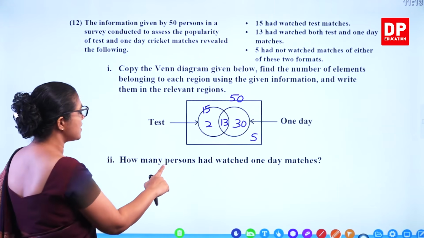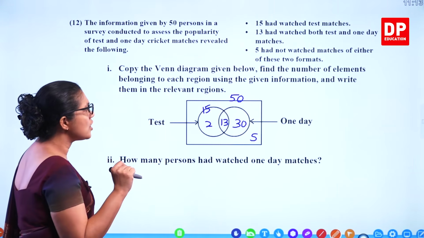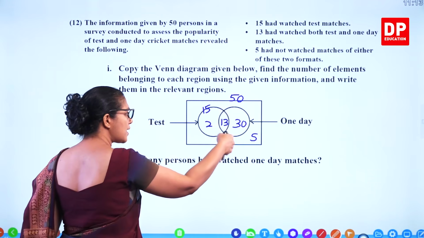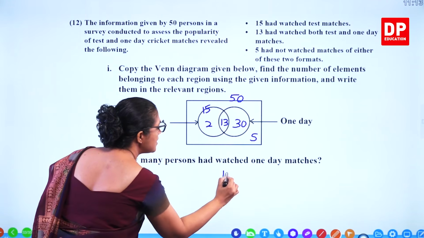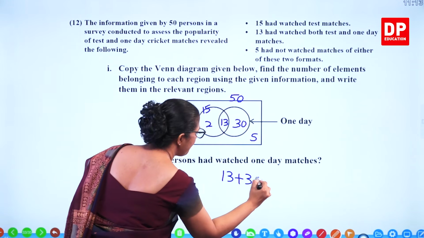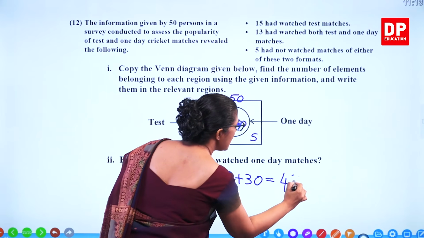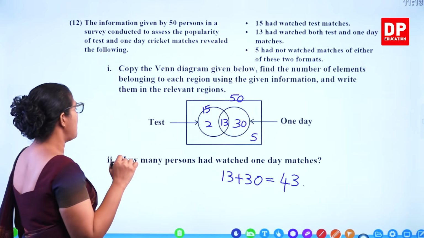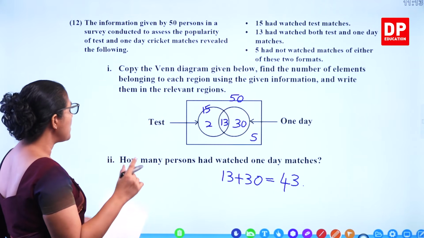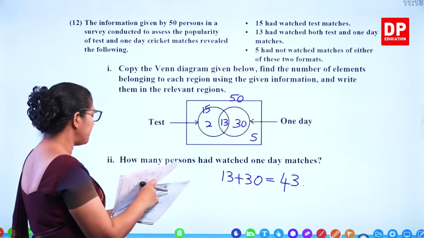How many persons had watched one-day matches? So that means the whole circle. So that means 13 plus 30, you get 43 persons. Now we'll see how many marks for this step.